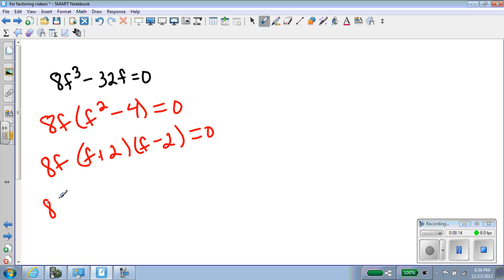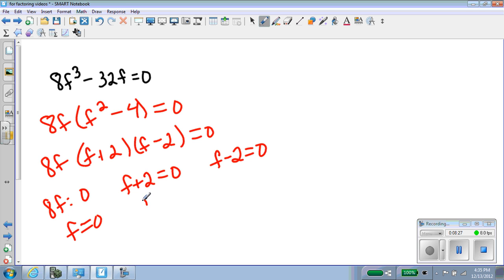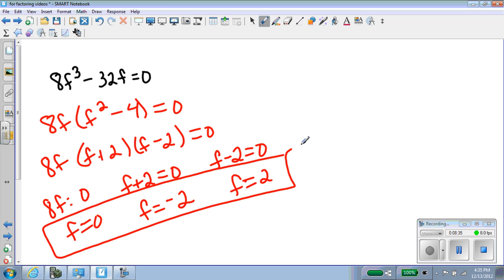So I have 8f equals 0, f plus 2 equals 0, f minus 2 equals 0. So f equals 0, f equals negative 2, f equals 2. 3 solutions. Wahoo!